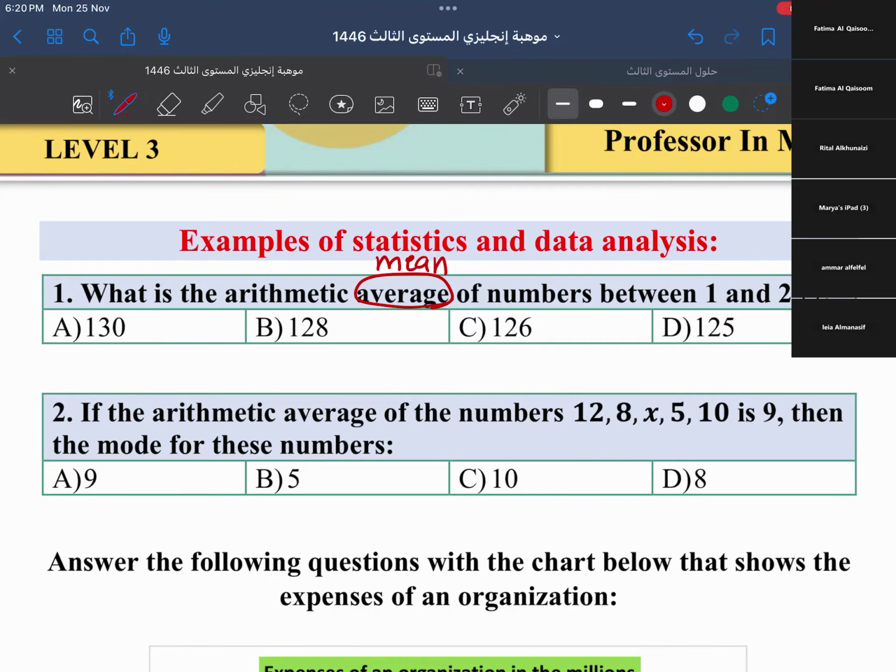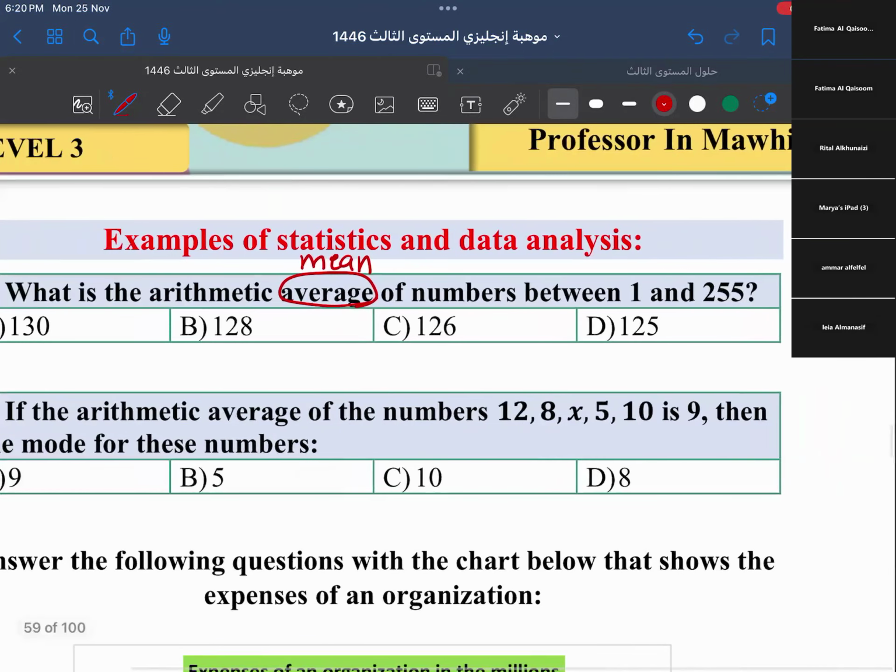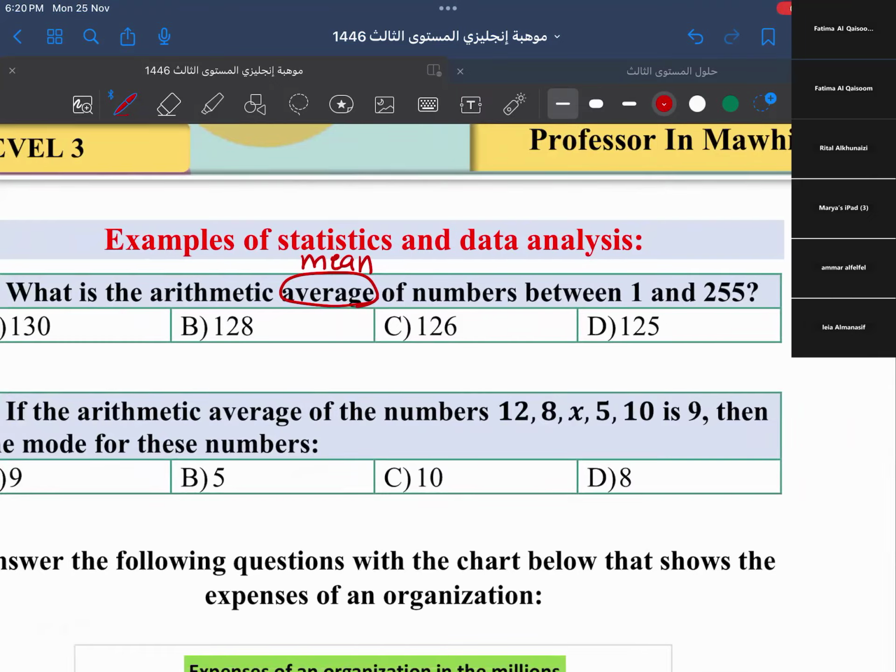So, how am I going to find the answer here? Do you have any idea? We add the 2 and then we divide it by 2. Exactly, excellent. We're going to add the 2 and then divide by 2. Why? Because it's an arithmetic series, right? So it's going to be 1, 2, 3, 4. So it is an arithmetic series.